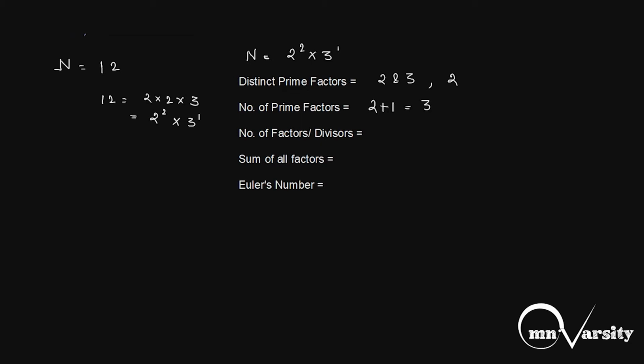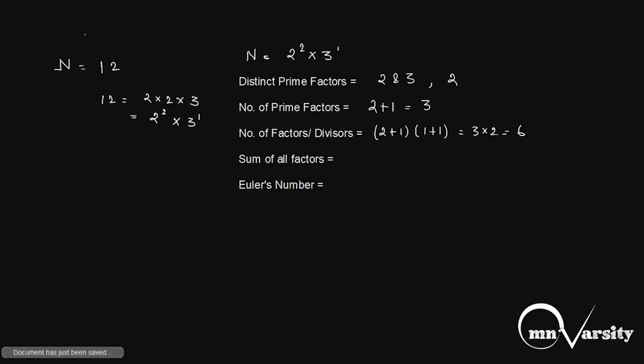The number of factors or divisors will be (x plus 1) into (y plus 1), that is (2 plus 1) into (1 plus 1), which will give us 3 into 2, which is 6. So there are 6 factors.